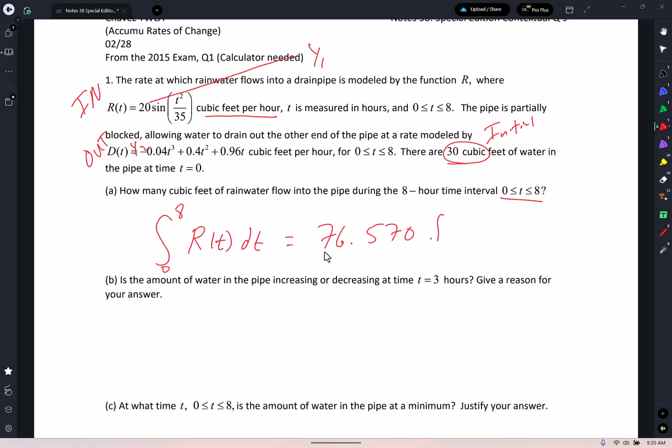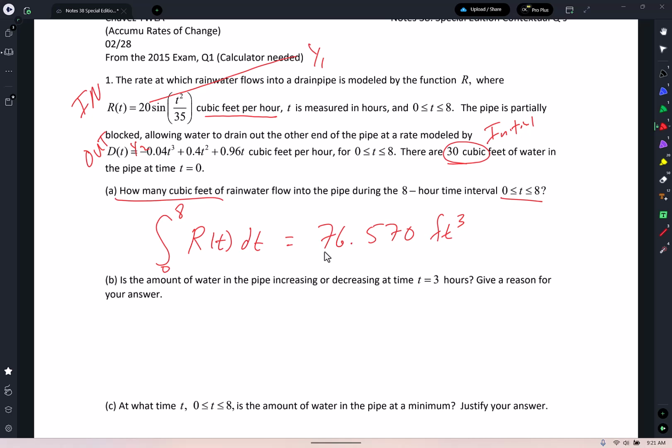Cubic feet. They tell you in the stem of the problem anyways that that's cubic feet, but put it in there. Cool. If it's 570, what's up to there? I think technically you're in the clear. But I would always, heck, I might even just put more digits.